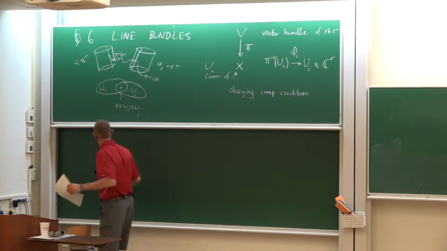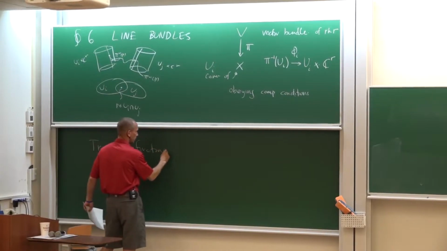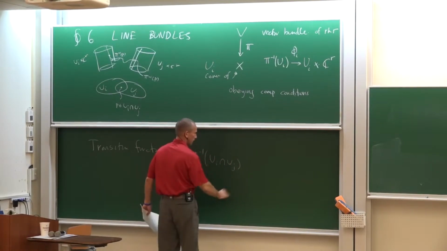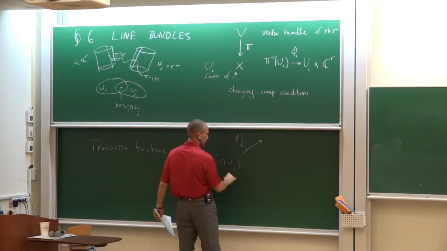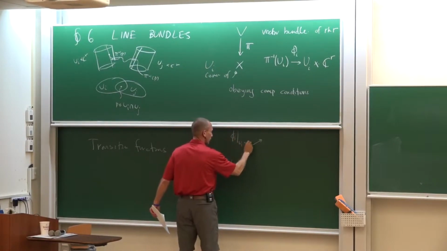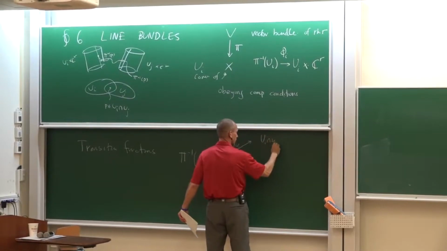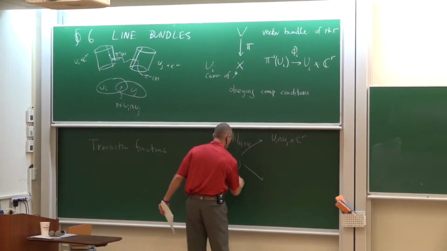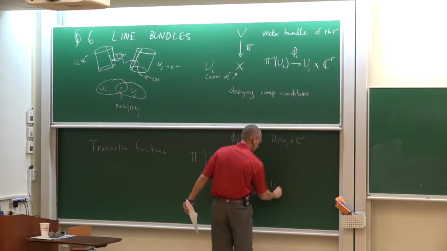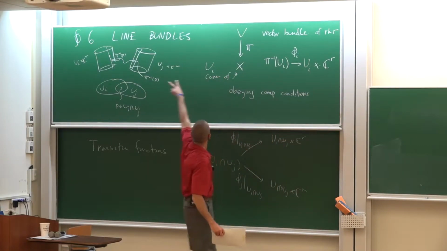So we have pi inverse of U_i intersect U_j, and that can map, on the one hand, phi_i restricted to the intersection, to U_i intersect U_j cross C^r, but we also have phi_j restricted to U_i intersect U_j, and this maps to U_i intersect U_j cross C^r. So the point is, this is exactly moving back and forth between these two charts.